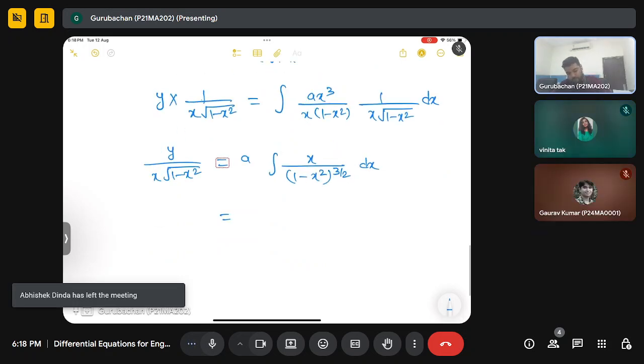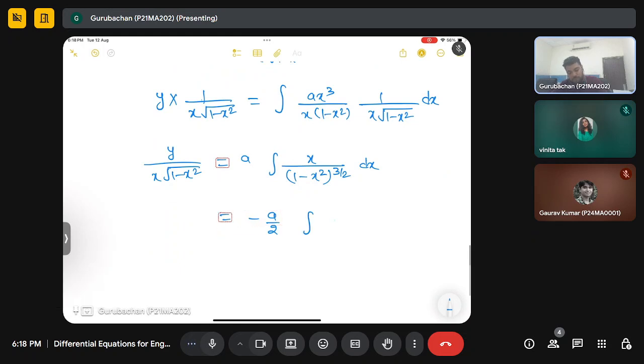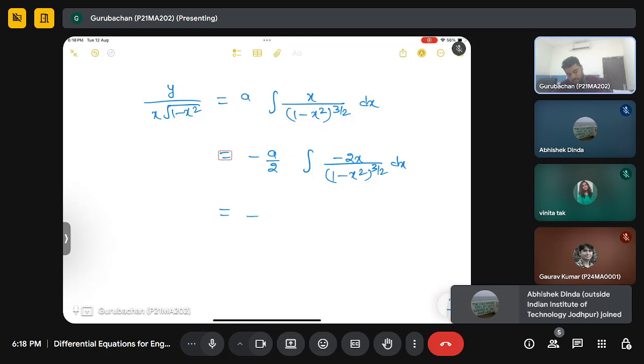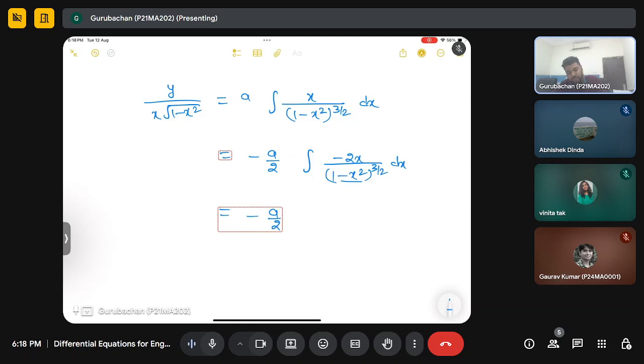So what we will do, we will divide and multiply with minus 2. Since the numerator is the differentiation of the term 1 minus x square, we can directly assume that if 1 minus x square is t, then minus 2x dx will be the differentiation of this t, that is dt.